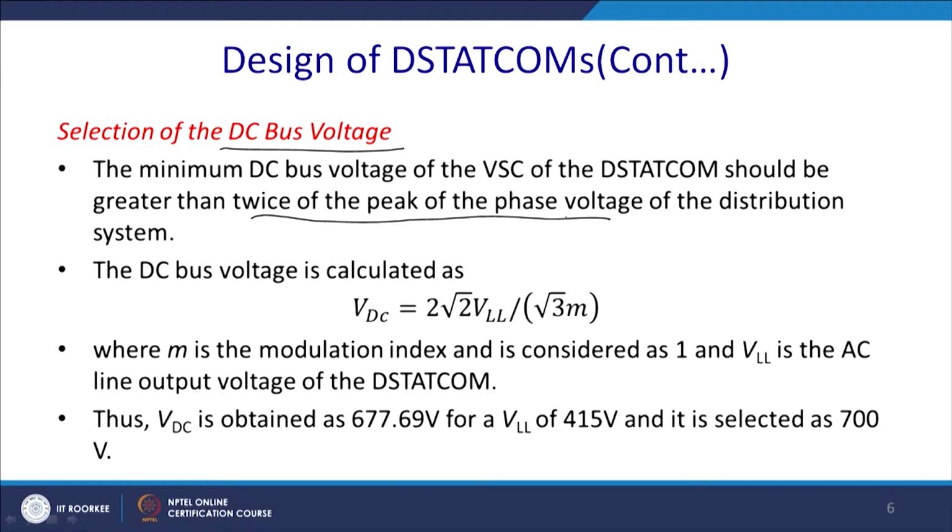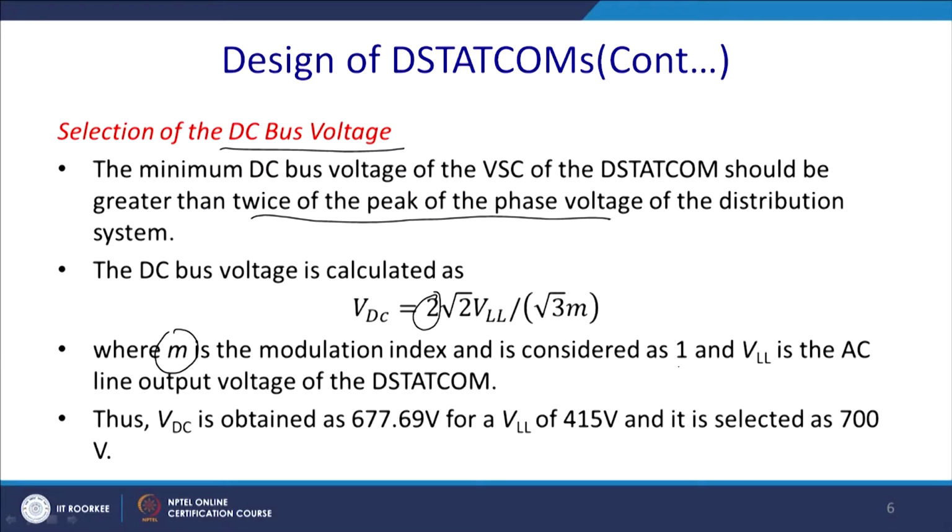The DC bus voltage is calculated as 2 root 2 V_LL by root 3 M, where M is the modulation index and generally it is restricted to 0.8, please mind it. M could be considered 1, but generally we do not consider 1; rather we consider it around 0.8, and V_LL is the AC output voltage of the DSTATCOM.